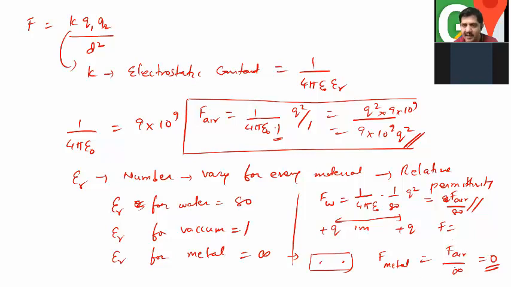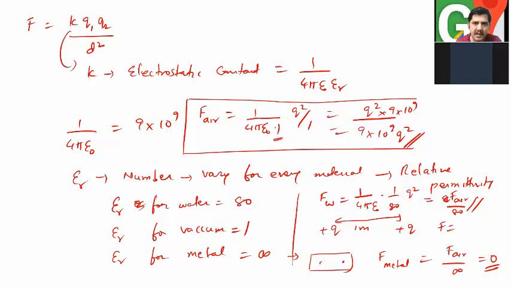There is no force between any two charges on the surface of a metal. The reason is that a metal does not resist the charges. It allows their free motion. As a result, two charges will not oppose each other, and they will be free to move across.